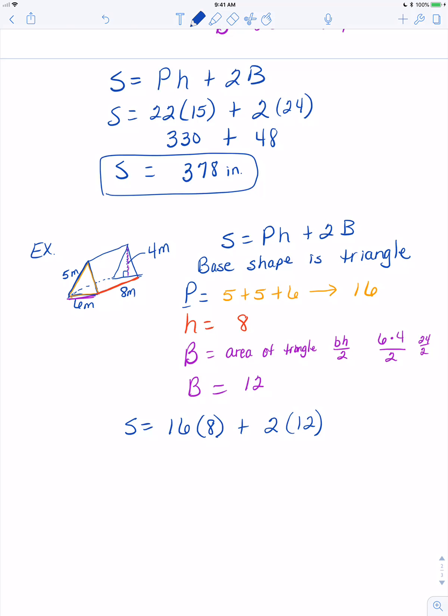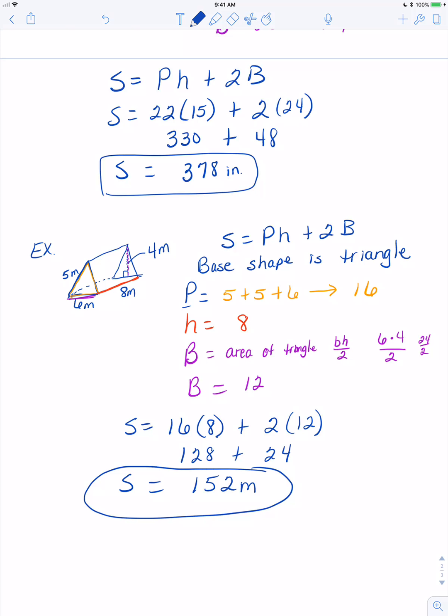Okay, so 16 times 8 is 128, plus 2 times 12 is 24. So the surface area is 152 meters squared. That's what we're in. Okay, and so that's how much it would take to wrap that whole thing with a label or with wrapping paper or anything like that.